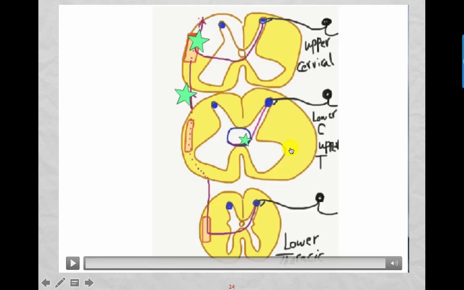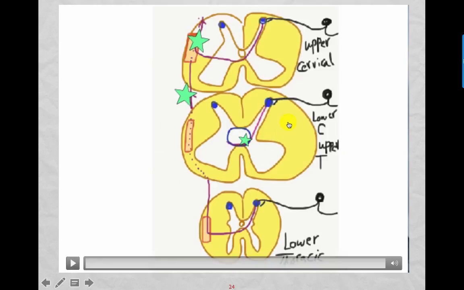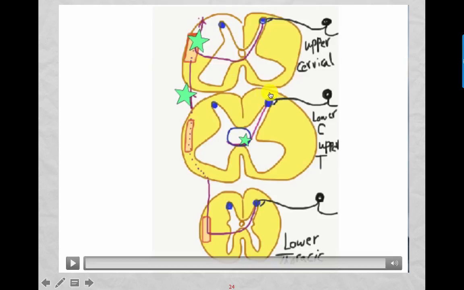Some of the students asked: we have here Lissauer's tract, so why does the Lissauer's tract not compensate for these damaged fibers? Remember that the Lissauer's tract fibers ascend 1 or 2 segments above or 1 or 2 segments below, and this is not one segment, it is lower cervical, upper thoracic. You can imagine that it is at least 6 segments.